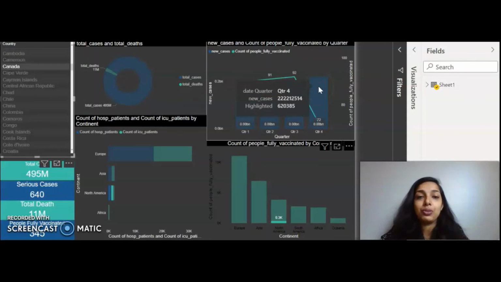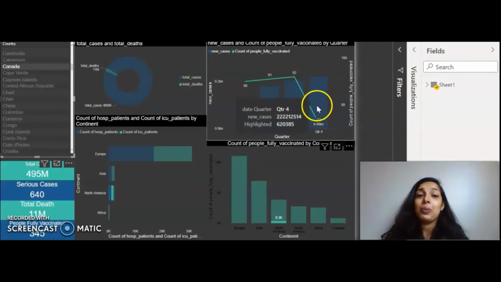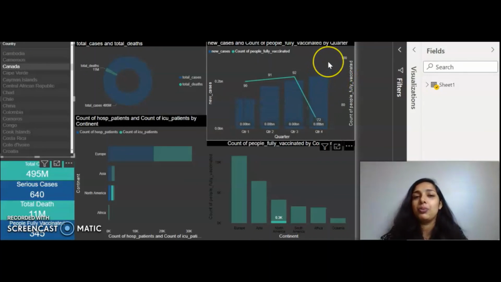And in the fourth quarter, from October to December, in Canada, the number of cases reported were 6,20,385, while the people who took the second dose of vaccination, the fully vaccinated people, are around 72. Here we could see that according to the data, there is no correlation again for the country Canada.